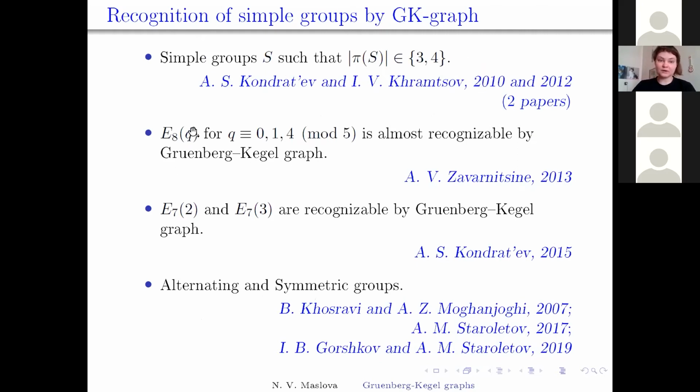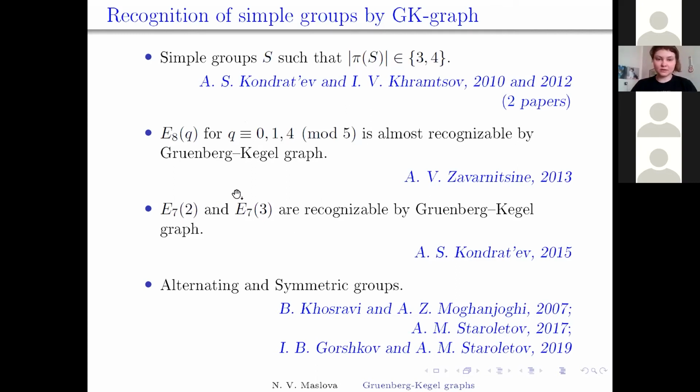And a very remarkable result is that the very big finite simple exceptional groups of Lie type, these groups are of bounded ranks, but usually of very big order. These groups are known to be almost recognizable by Gruenberg-Kegel graph if q equals 1, 4, or 0 modulo 5.